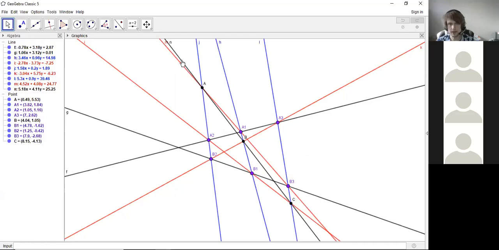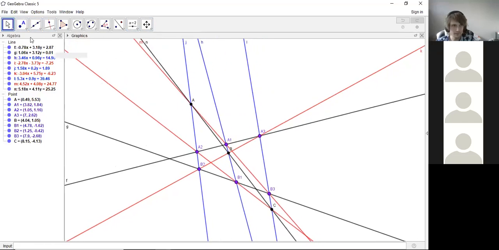So if I make a third line that passes through A and B, and I multiply it by the other 2 black lines, then we have a cubic curve that passes through A1, A2, A3, B1, B2, B3, A, and B. So the cubic Cayley-Bacharach theorem says that cubic curve has to pass through C. Does that explanation make sense? Yeah, it does. The way you said it in products was better.